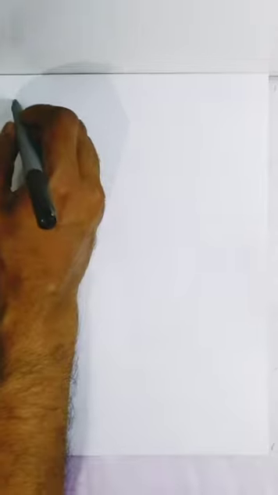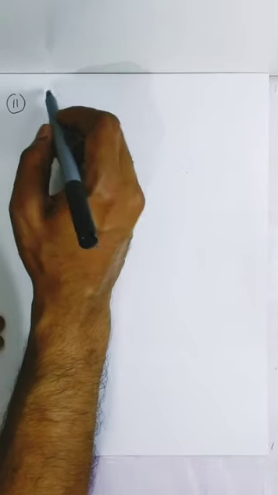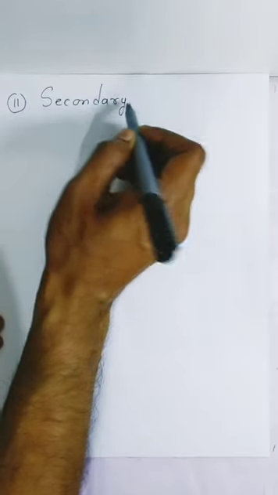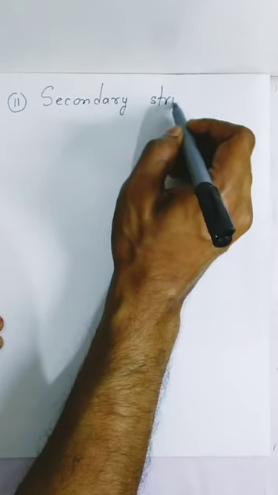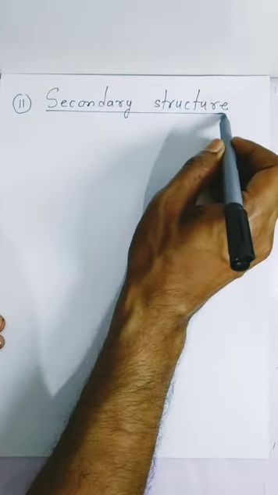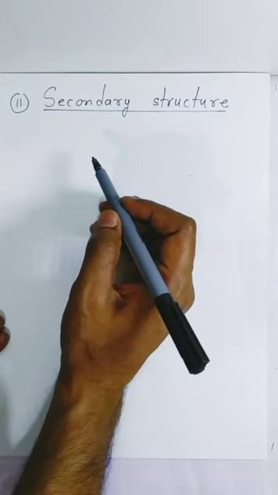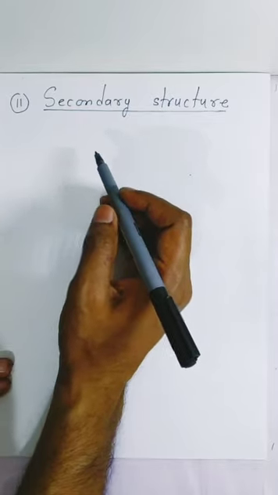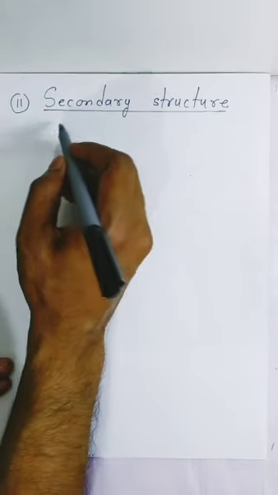Now students, we will see the secondary structure. Here the linear primary structure is held by hydrogen bonding.